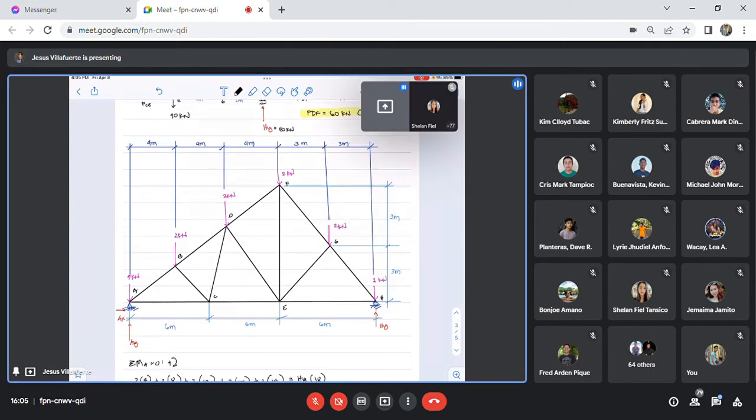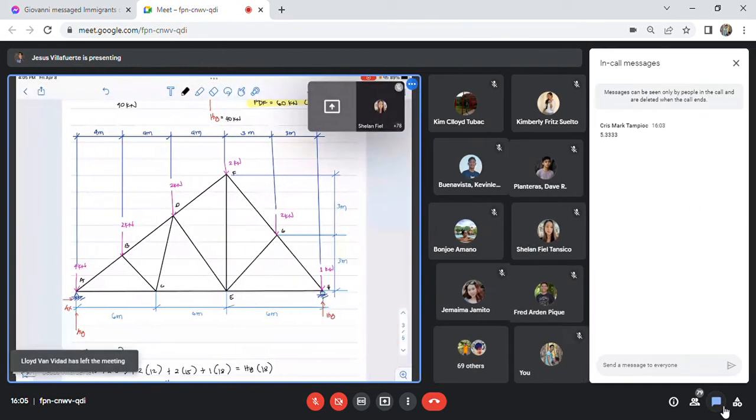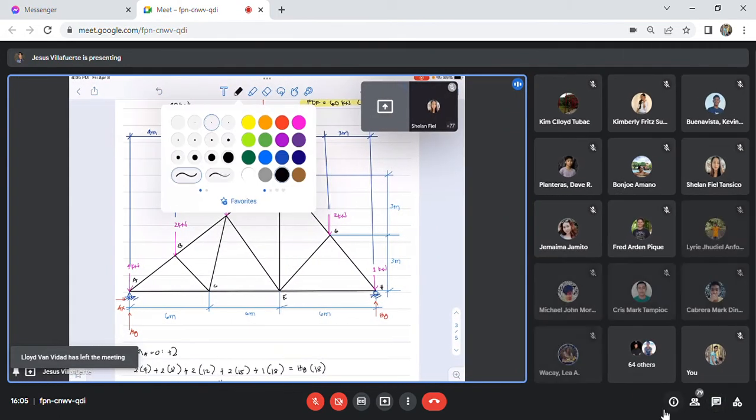So, which member of this are we interested to solve? So let's say we are going to solve DF or CD. What do you think? DF na lang. So let's solve DF.